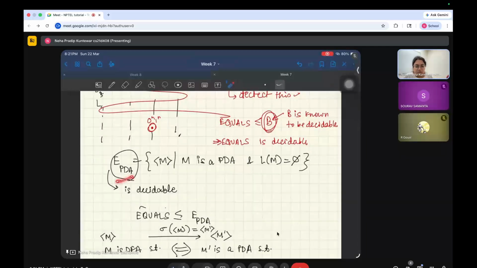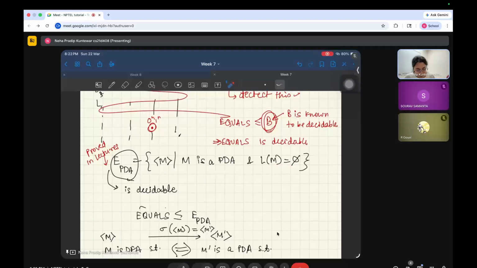One candidate is something that was done in the lectures, so we will not prove it. We know for a fact that the language where you are given a machine M which is a PDA and the language of that machine is empty is decidable.